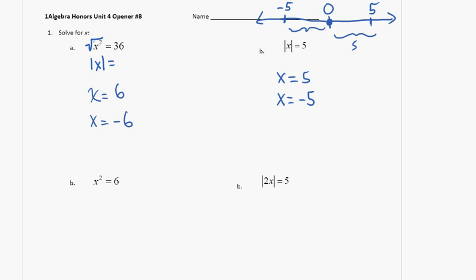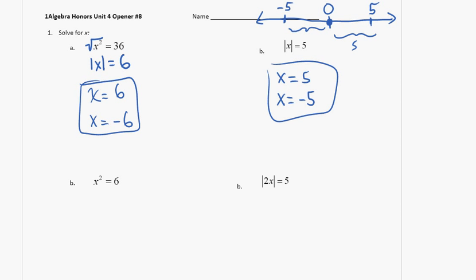You get the absolute value of x. And so the absolute value of x is equal to 6, and therefore the values of x could be 6 or could be negative 6. So you can also think of it that way. When you square root something that's being squared, you end up with the absolute value of that thing, in this case x.